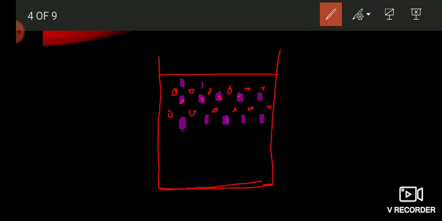So when the sugar molecules get into the spaces between the molecules of the water, we do not see sugar inside the water and it disappears to us.